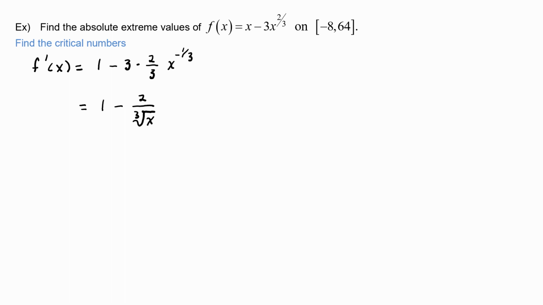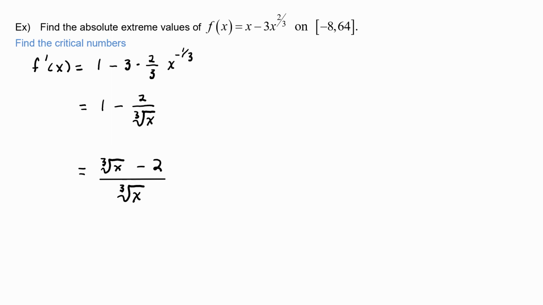Now we need to get a common denominator, which of course will be cube root of x. So this becomes cube root of x minus 2, and we put that whole thing over cube root of x. So from here to here, all we did was get a common denominator.